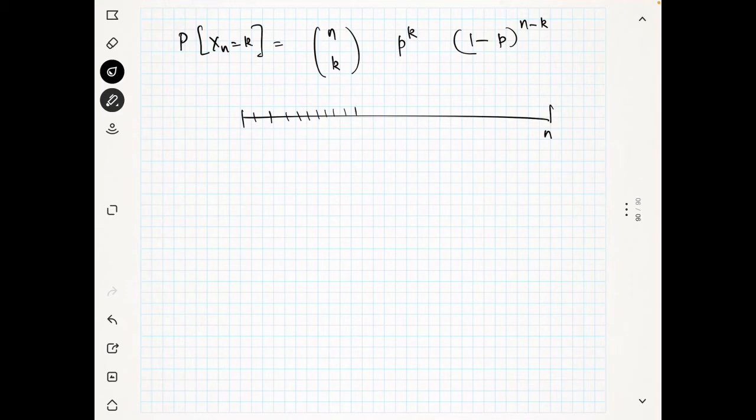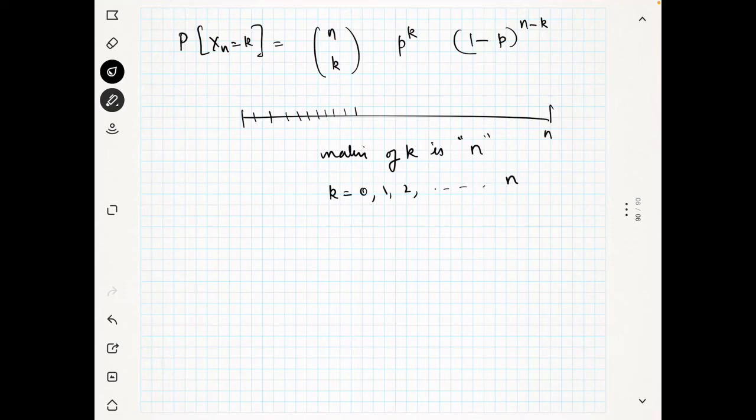In each block we can expect a maximum of one arrival, right? So the maximum total arrivals is n. That means k may be 0 or 1 or 2, or at maximum it may go up to n.